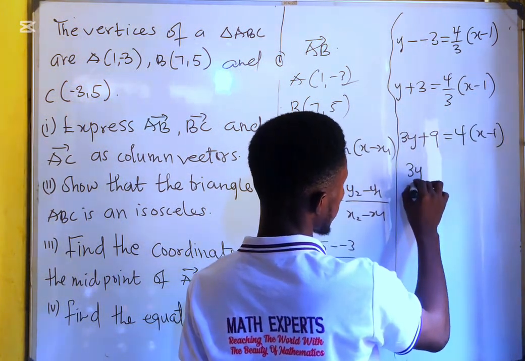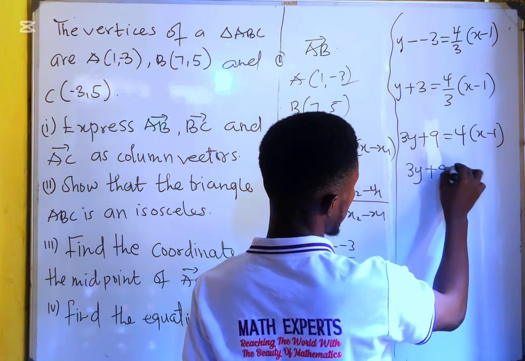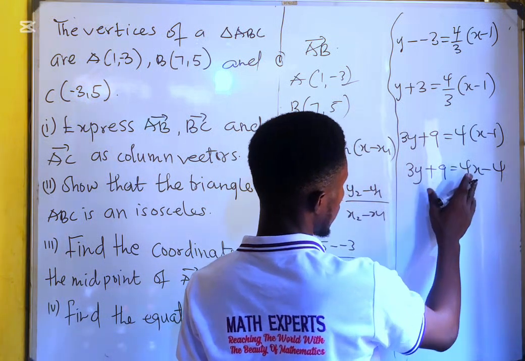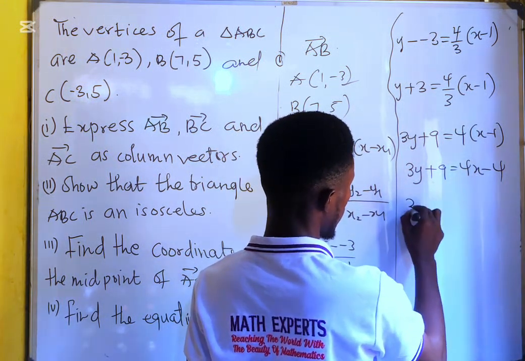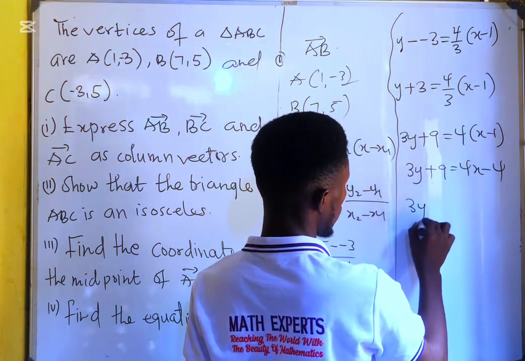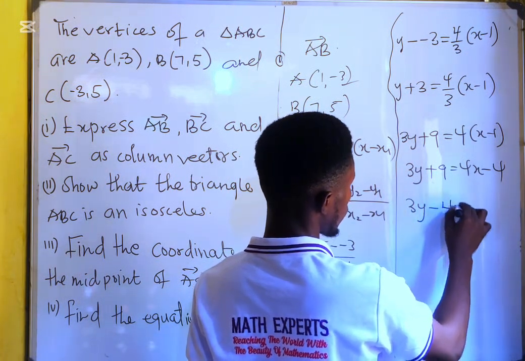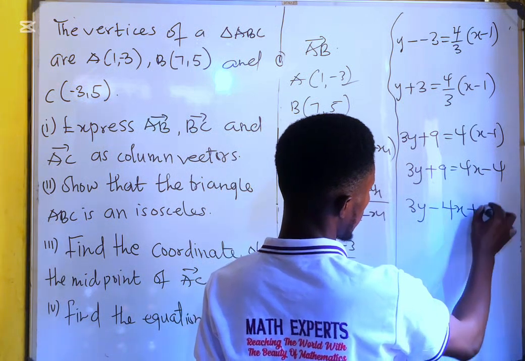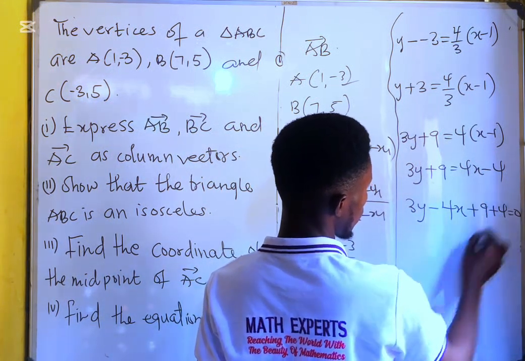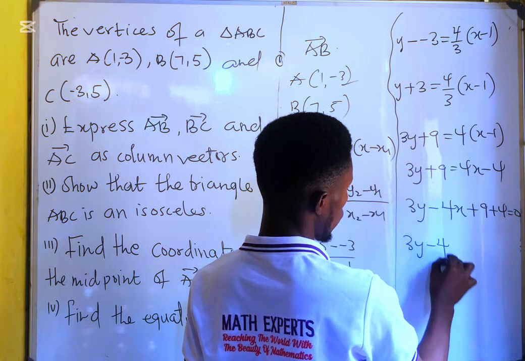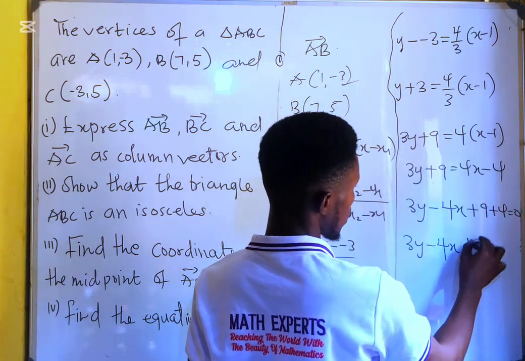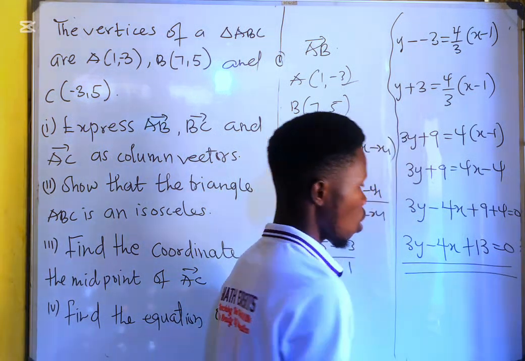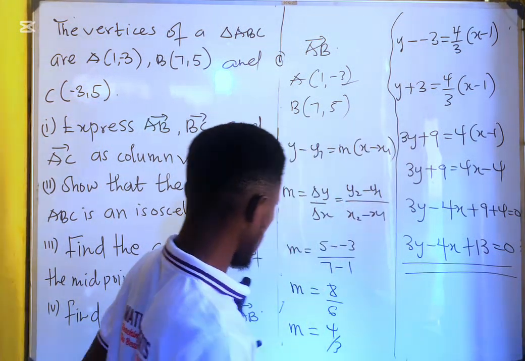So we have 3y plus 9 equals 4x minus 4. Now let me take the additive inverse of 4x. That will give us 3y minus 4x. Additive inverse of negative 4 will be plus 4 here, equals 0. So 3y minus 4x plus 13 equals 0. So this becomes the equation of the line AB or vector AB.